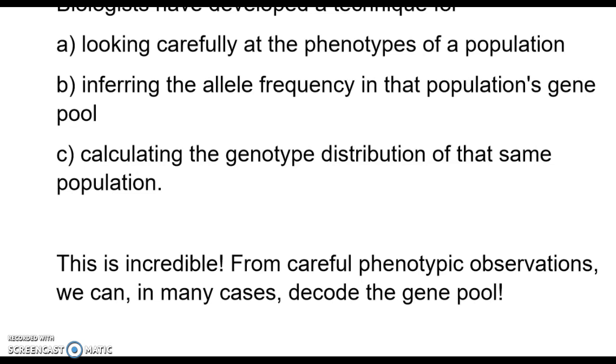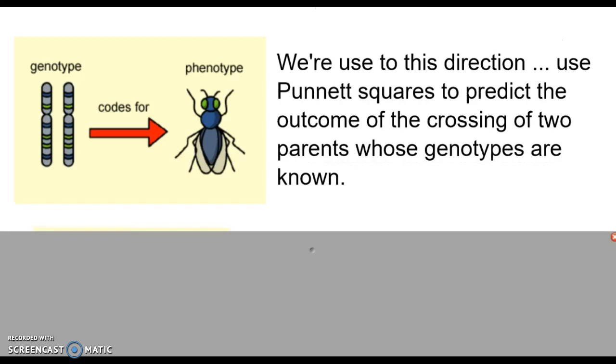So before diving into the technique, let's just remember that we're really used to moving in this direction from genotypes into phenotypes. We can use Punnett squares with parents whose genotypes are assumed to be known, big A, little a, and so on. We can cross those and then determine what the population should look like.